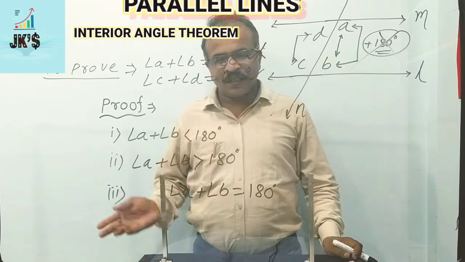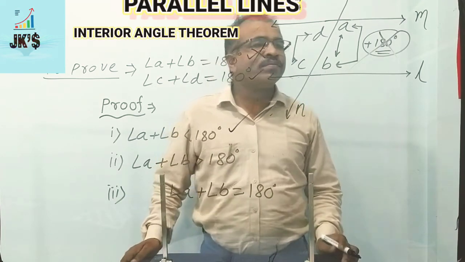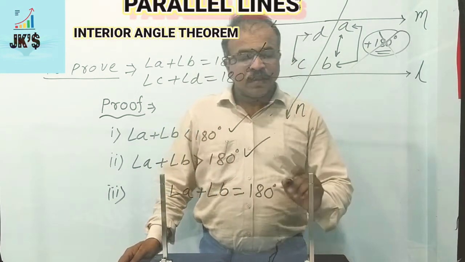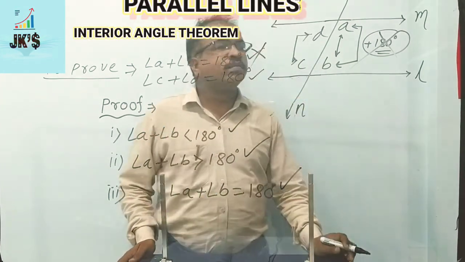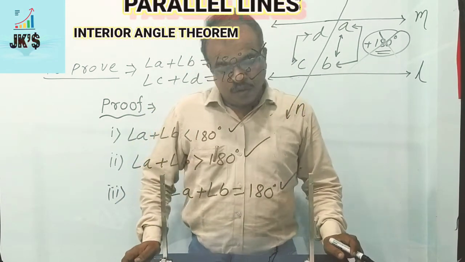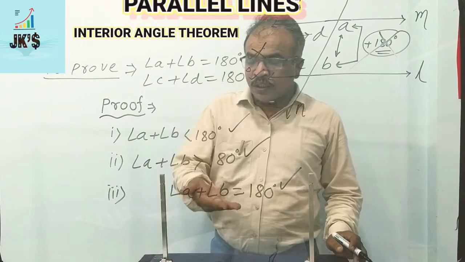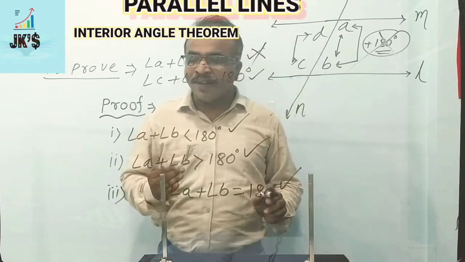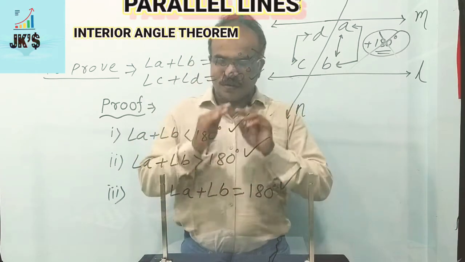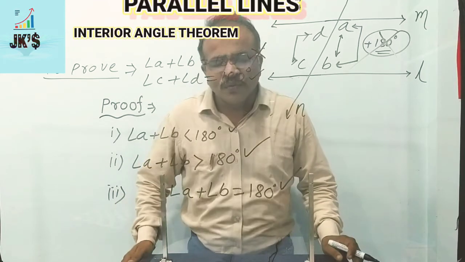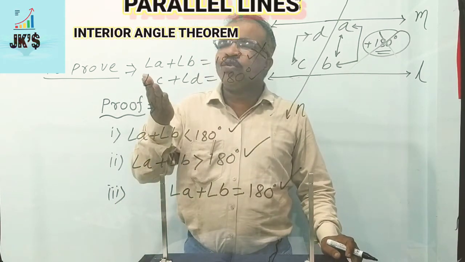Their sum is less than 180, or it may be greater than 180, or equal to 180. These are the three possibilities. Out of these three, we want to prove one is correct. For that, we have to show that the first two are false, then the remaining becomes true. And that is our to prove.